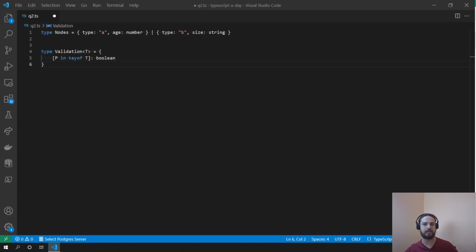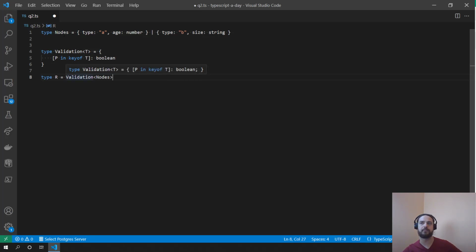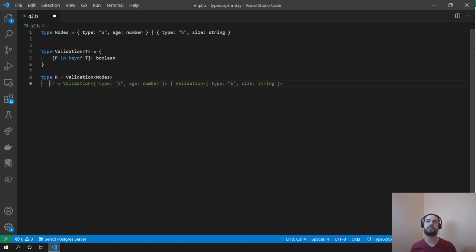Let's say we want to keep some validation for each member. Now, if we were to apply this type to our Nodes union, we can see that the result is also a union. We can see that basically what happened is that this Validation type was applied individually to each constituent of this union, and the result was also a union.